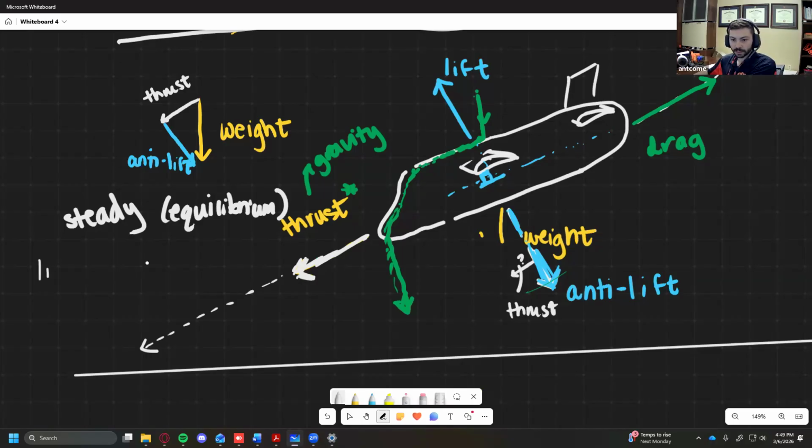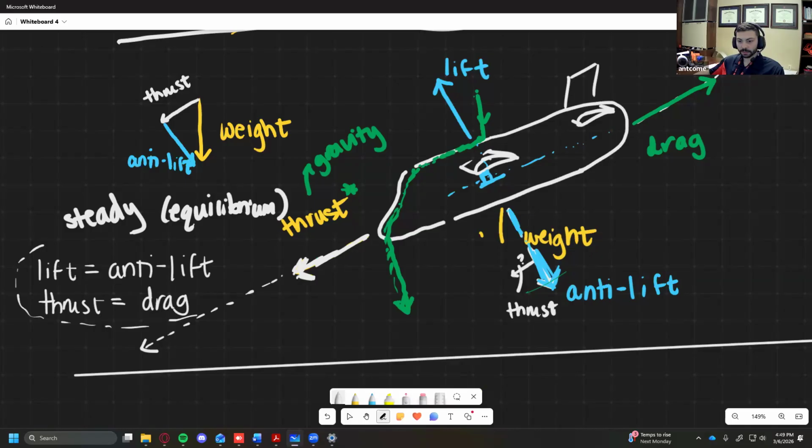What that means is that lift must equal anti-lift and thrust must equal drag. So this is just something to keep in mind. This is the only way to not accelerate.